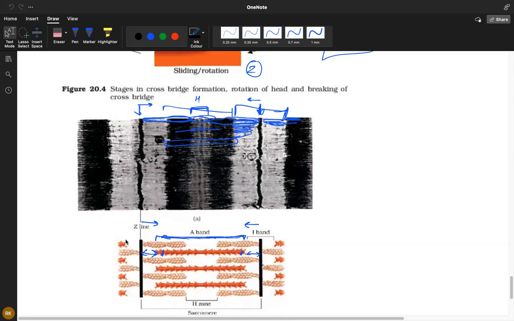In the bracket, write down relaxation of muscles. Okay, is that clear? Everyone, Devangi, Janya.